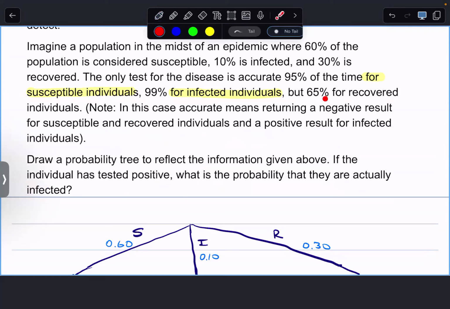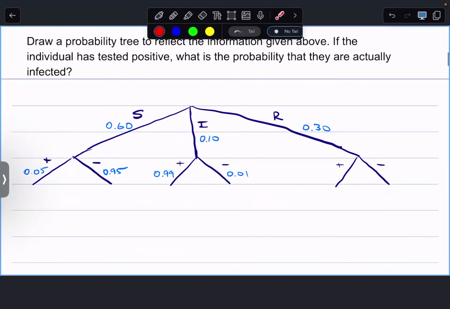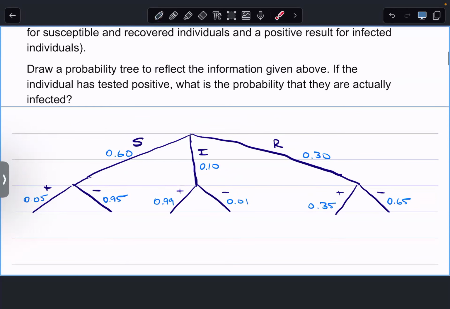Okay. And so now they're recovered, so they don't have it, so they should be testing negative, which means that this 0.65 is on the negative branch, and that leaves me with 0.35 left over. Okay. I'm going to focus on just this part.